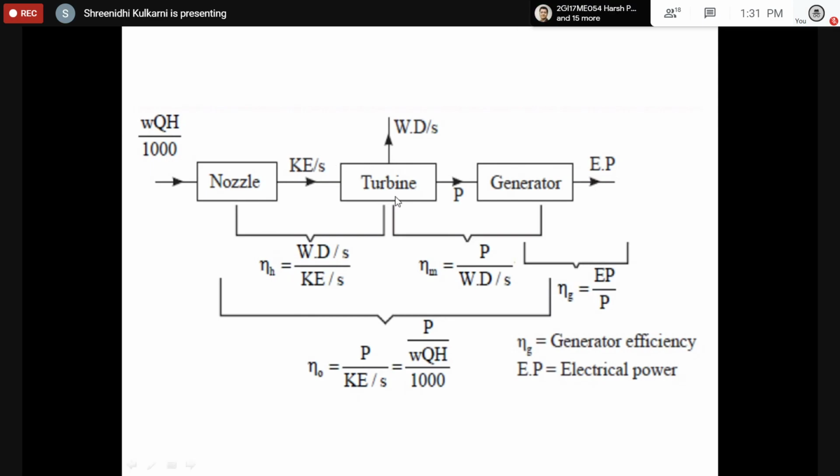So it gives the volumetric efficiency of the hydraulic turbine. I hope you understood the different efficiencies in the hydraulic turbine. If you have any doubt, you can ask.